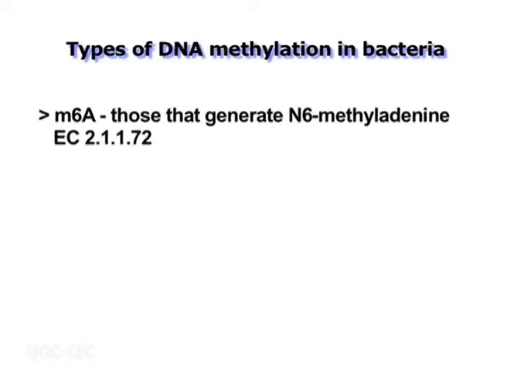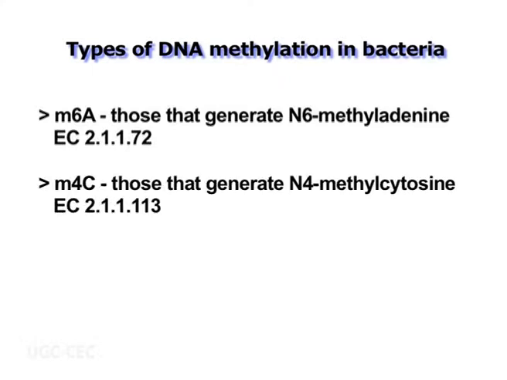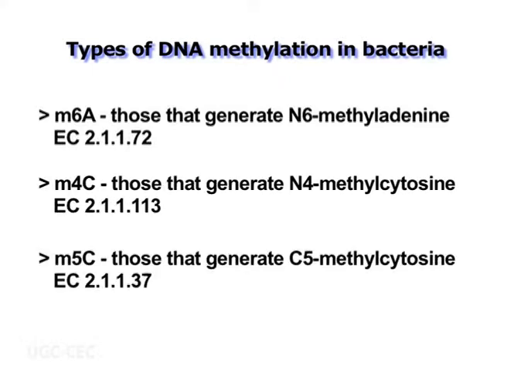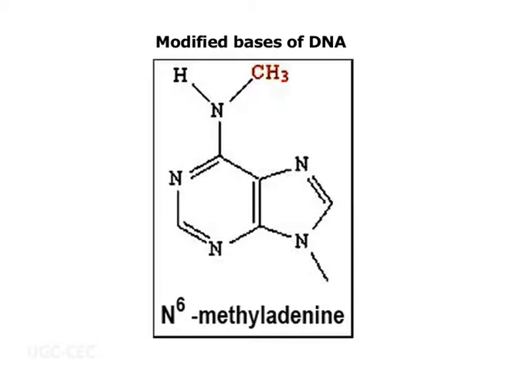Now let's see what are the different types of methyltransferases occurring in the prokaryotic system. There are three different types of methyltransferase enzyme. The first one is known as M6A, the second one is known as M4C, and the third one is M5C. The M6A refers to those methyltransferase enzymes that catalyze the transfer of a methyl group to the amino group present at the 6th position of adenine.